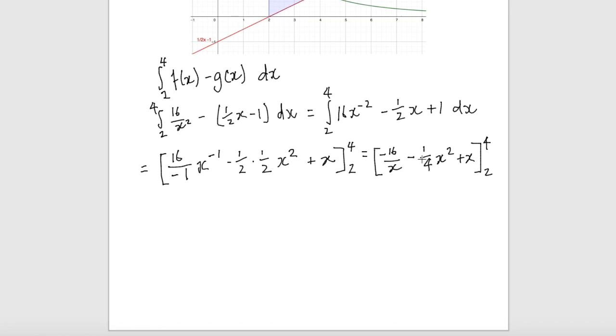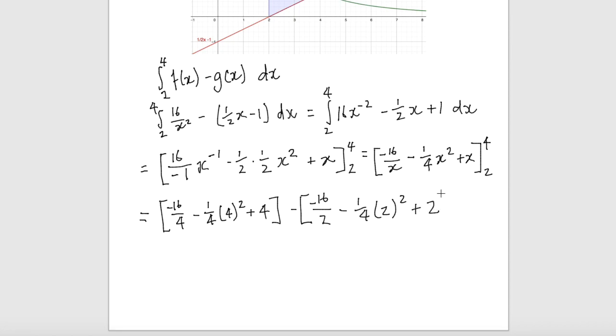Alright, next part is to sub in the upper bound and evaluate it, and then subtract the lower bound, so that's going to be negative 16 on 4 minus 1 quarter times 4 squared plus 4 minus, minus 16 on 2 minus 1 quarter times 2 squared plus 2.